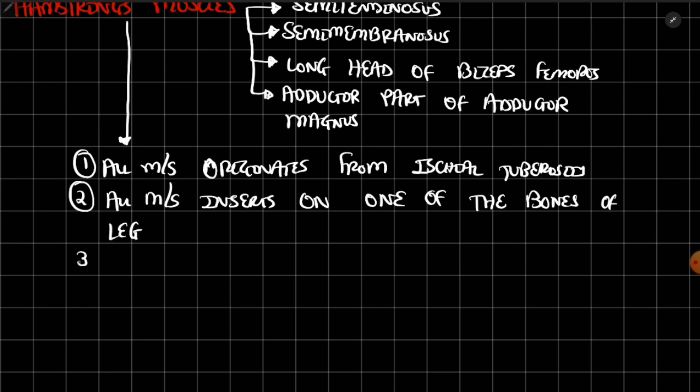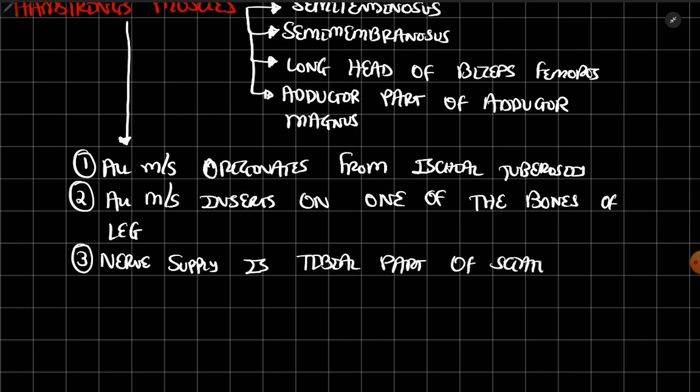Okay, then the third point is the nerve supply. Nerve supply is the tibial part of the sciatic nerve.